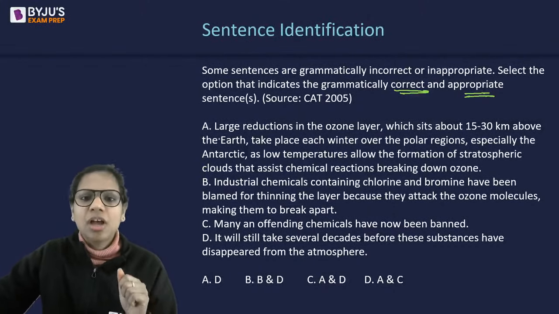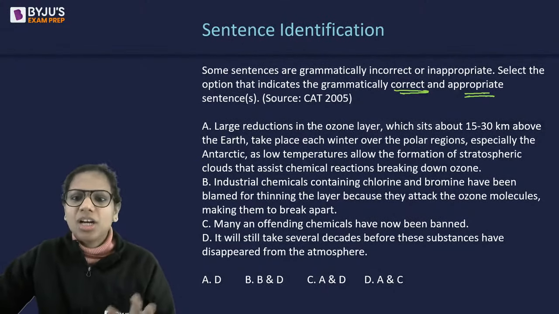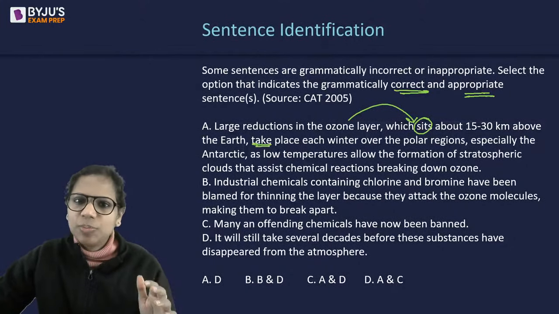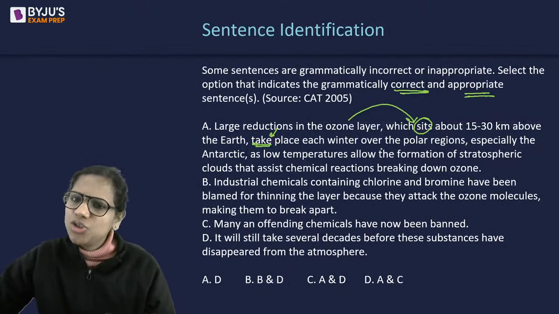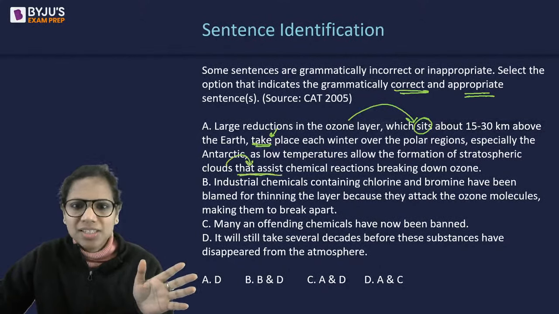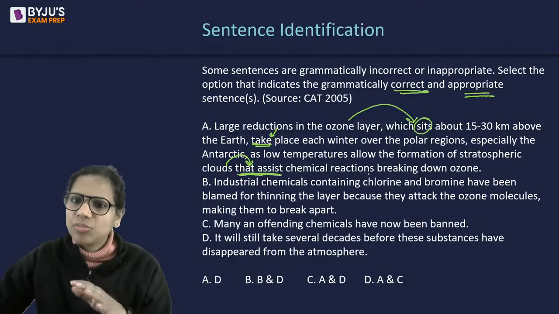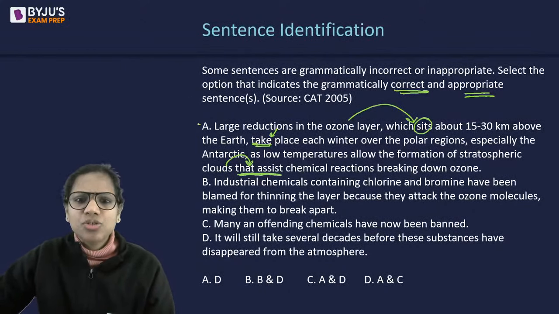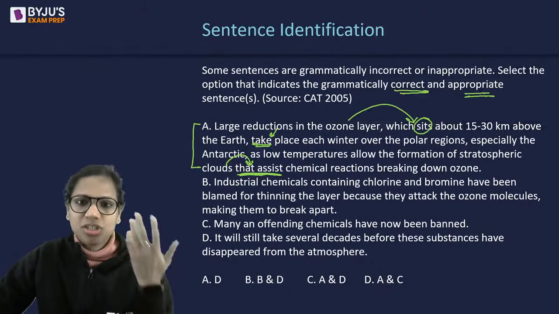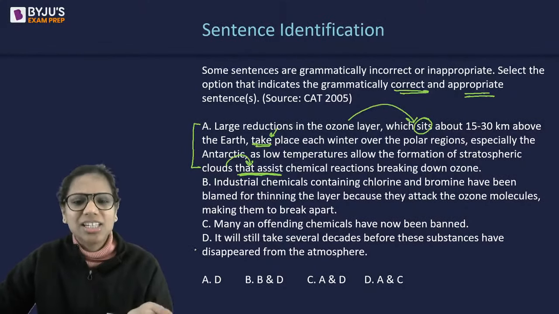So when I read large reductions in the ozone layer, which sits 15 to 30 kilometers above the earth, take place each winter over the polar regions, especially the Antarctic, as low temperatures allow the formation of stratospheric clouds, and these clouds assist chemical reactions breaking down ozone. So on the face of it, nothing seemed wrong to me in A. Yet, because it's such a long sentence, maybe I missed out on something, I'll still read others and form an opinion then.